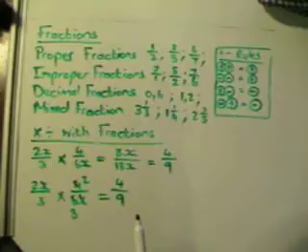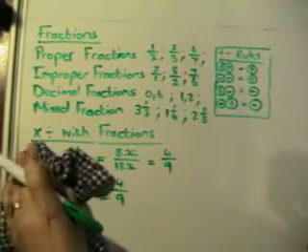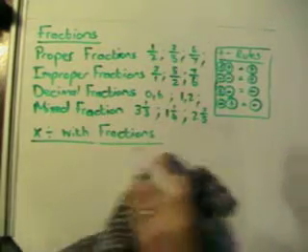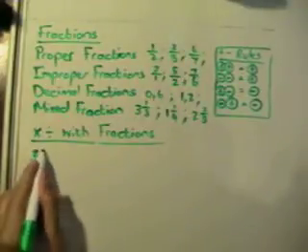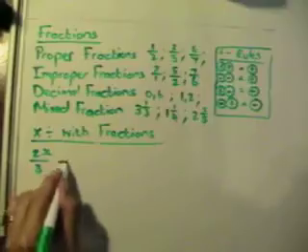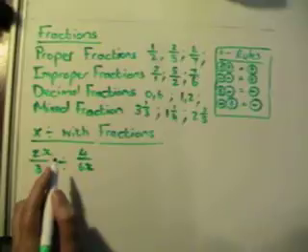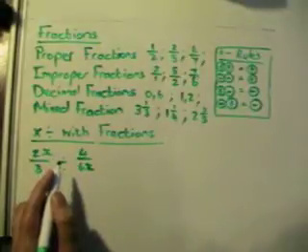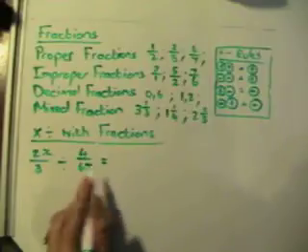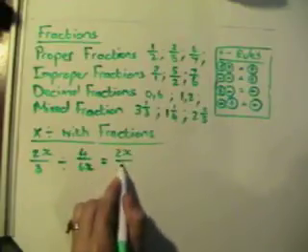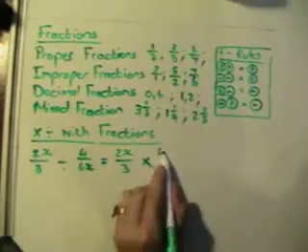Let's just quickly go and see if I have a division problem with x's or y's in them. Say for instance I have 2x/3 divided by 4/6x. What I'm going to do, the first step is I'm going to just change this division to a multiplication and use the reciprocal of that fraction.